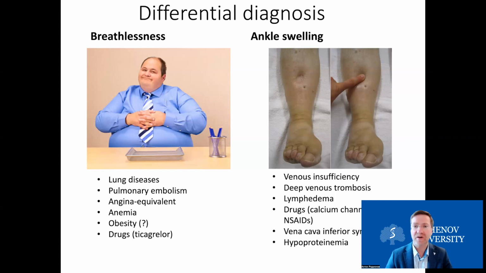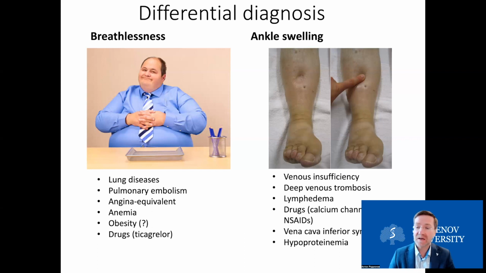The same as for ankle swelling. Differential diagnosis of ankle swelling is not very simple. There are a lot of diseases which can cause this symptom, such as venous insufficiency, deep venous thrombosis, but double-sided thrombosis is extremely rare. So in patients with thrombosis, swelling is usually one-sided.